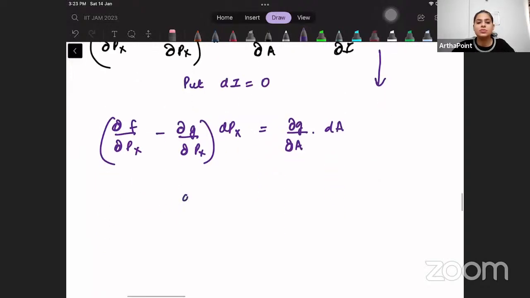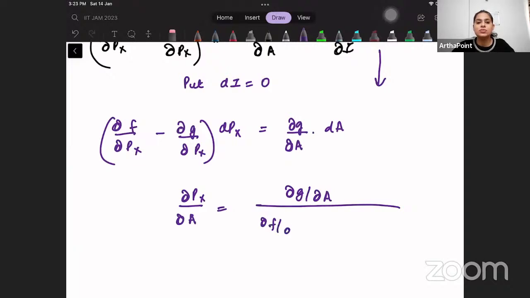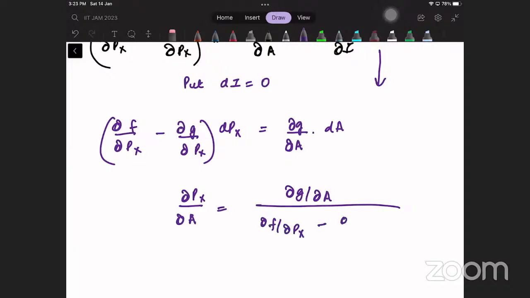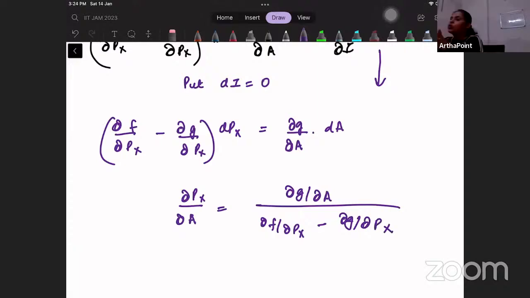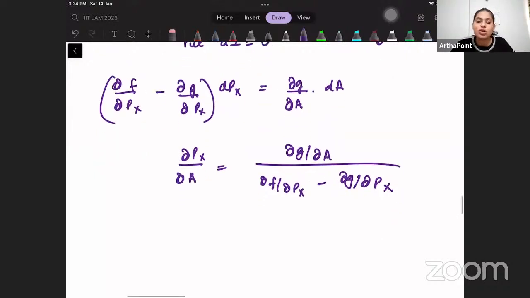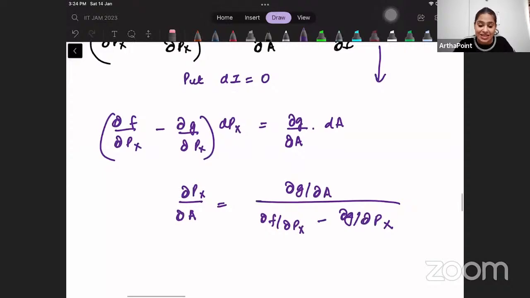So you will get del Px by del A equal to del G by del A upon del F by del Px minus del G by del Px. This is what you are going to get. This is your answer, how price changes as A changes.